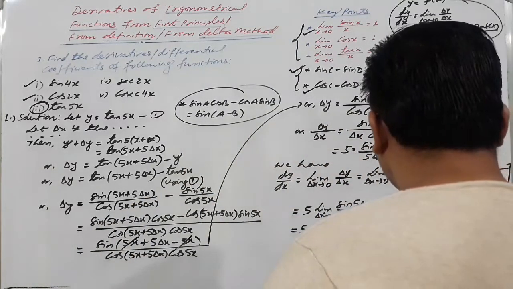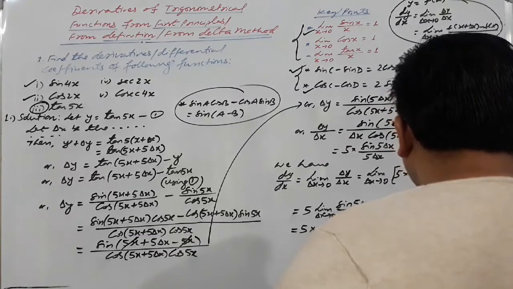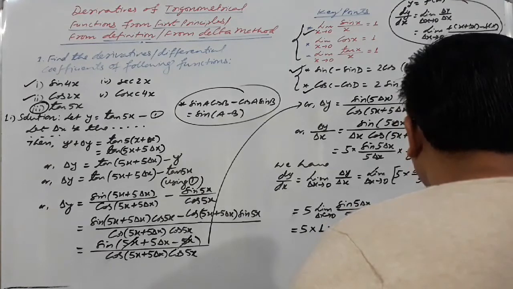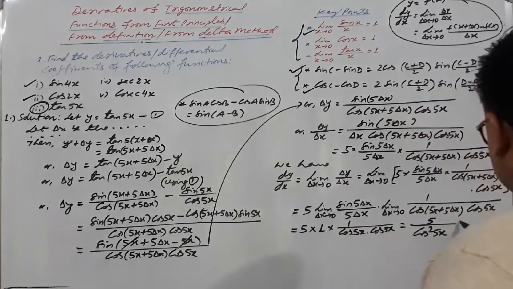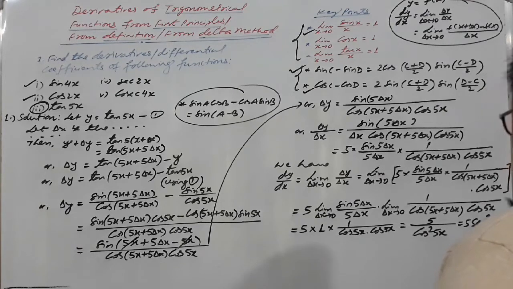And if you simplify this, you will get 5 over cos square 5x, which is equal to 5 sec square 5x.